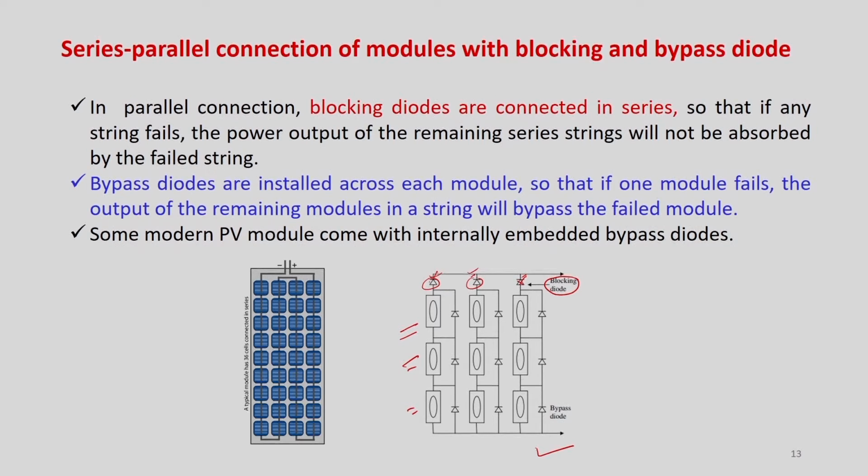Okay. Now if we talk about bypass diodes, they are installed across each module, so that if any of the modules fails, the output of the remaining modules in a string will bypass the failed module. Okay. Nowadays, in advanced modules, this kind of diode is embedded in the system itself.